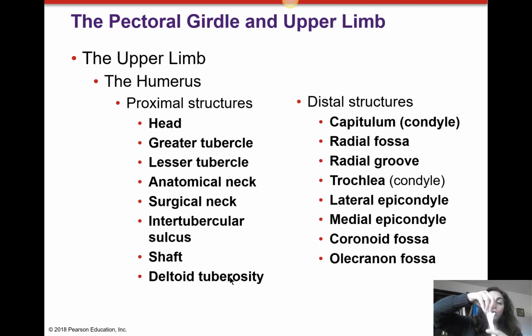This big part on the top of the ulna is called olecranon. The whole process here is called olecranon, right? This part that is like a lower lip here is called the coronoid. So we use this to name this fossa.